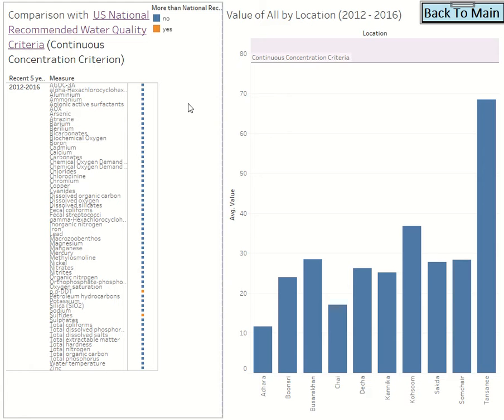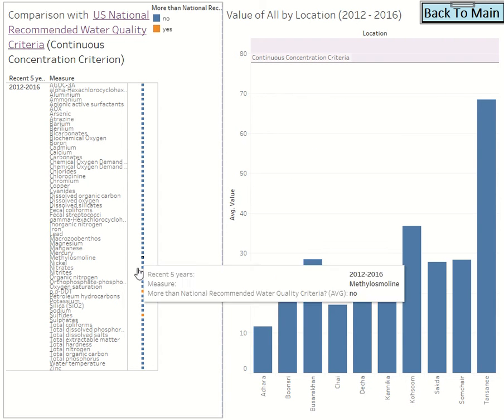So let's look at the continuous concentration criterion first. The figure on the left represents a comparison with US National Recommended Water Quality Criterion based on the continuous concentration criterion.